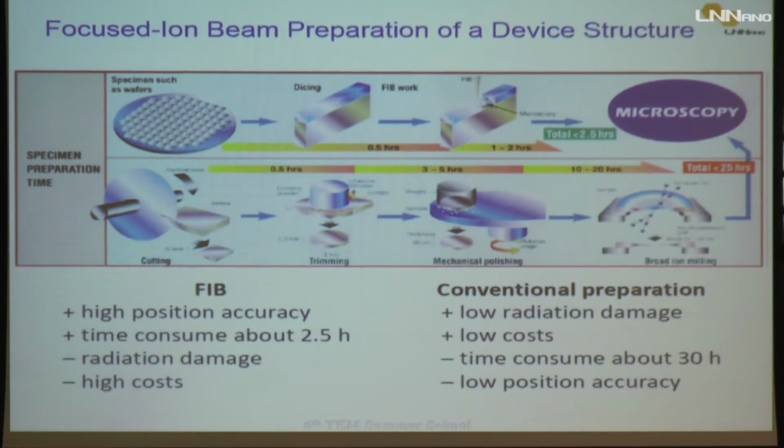But you have problems with radiation damage and the cost of the machine. This machine is really, really expensive, and all the consumables and maintenance are very expensive. These need to be taken into account when you start to use this technique, okay?